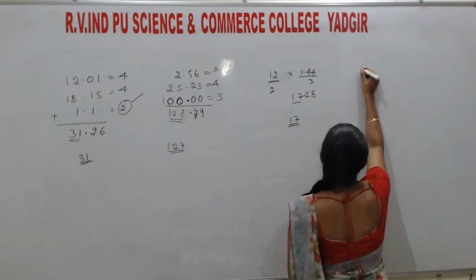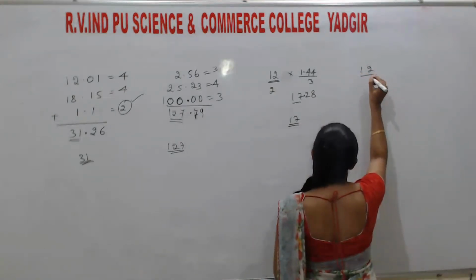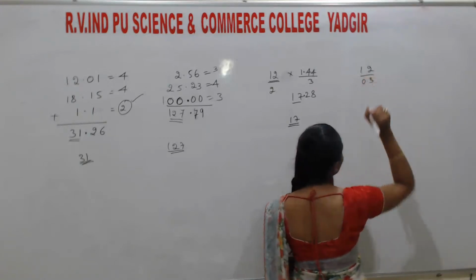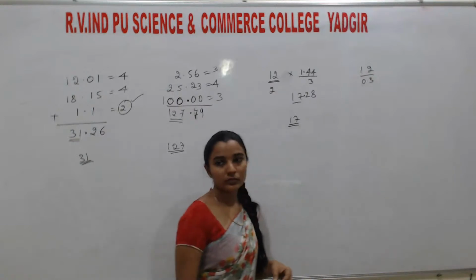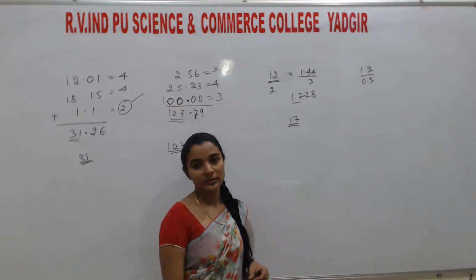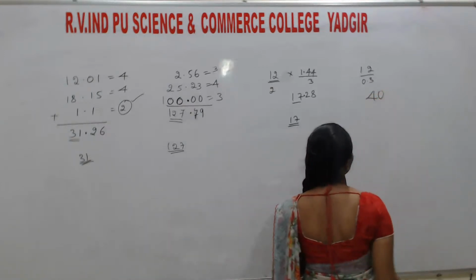If you divide 12 divided by 0.3. Okay? Answer is 40.